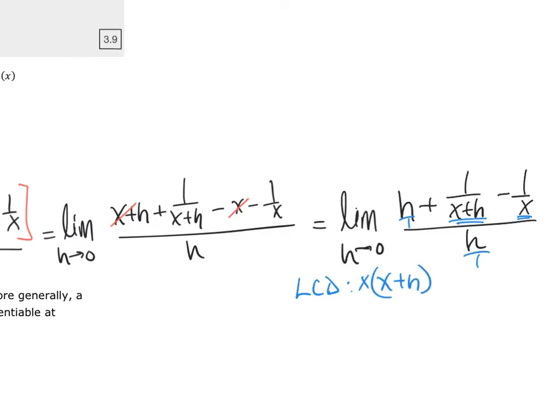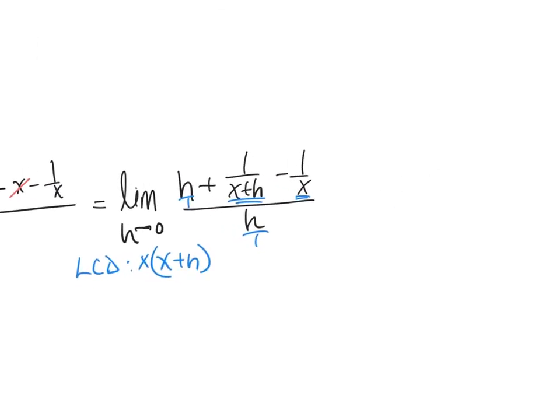This one is over 1, so that brings me nothing. So my lowest common denominator is x times x plus h, and I'm going to multiply each term by that. I'm going to multiply this by x, x plus h, this by x, x plus h, and this by x, x plus h. And don't forget that denominator. Every single term will get multiplied by the lowest common denominator, so I can clear my fractions.